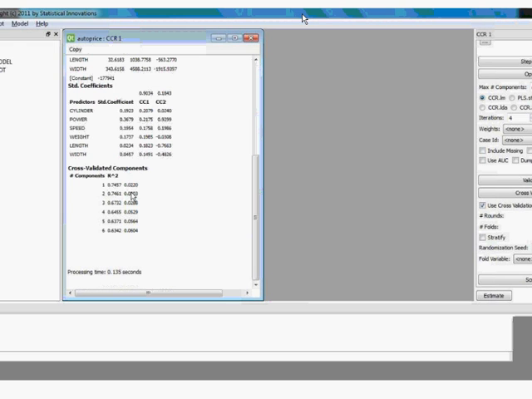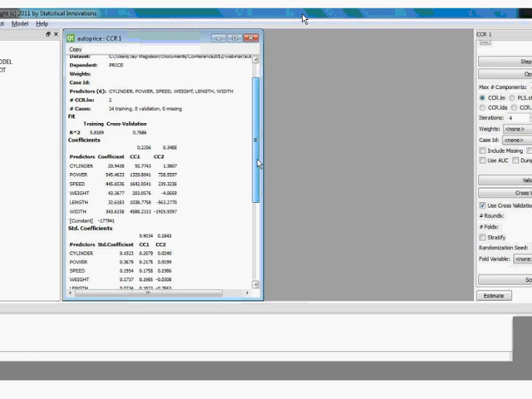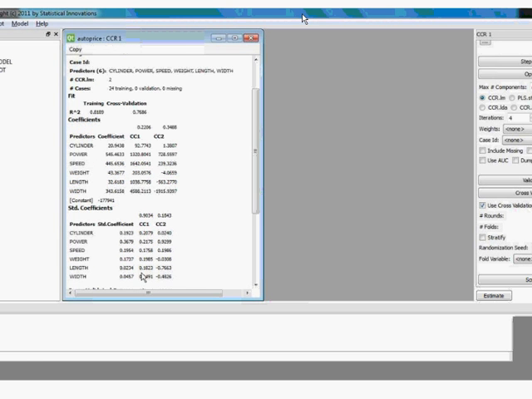We also get a standard error for this number, which comes from the fact that I repeated this 10 times. Now suppose I only did it 1 time. Okay, I still got 2 components as my optimal solution. So the results are exactly the same.